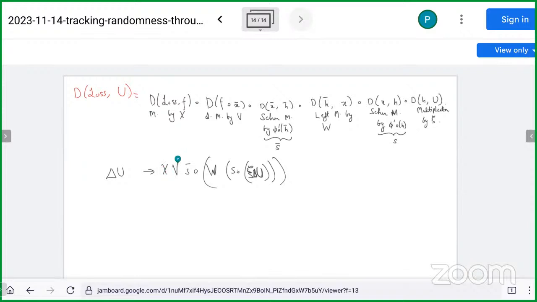Yeah, so I want to think of this as a vector, right? So that's what W is. So what's the vector?